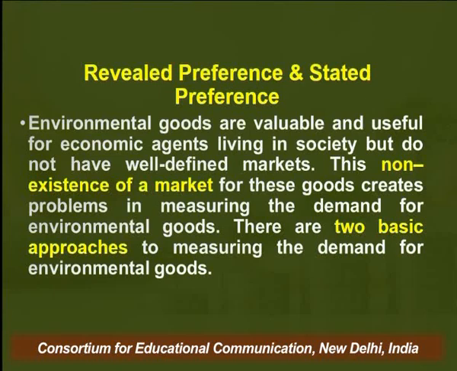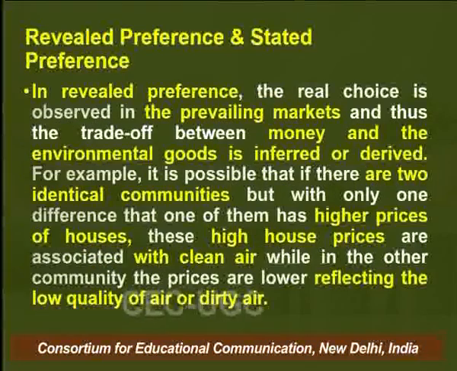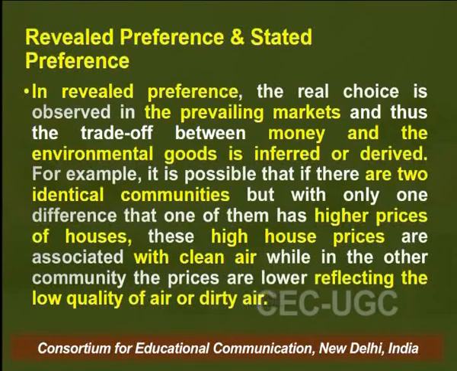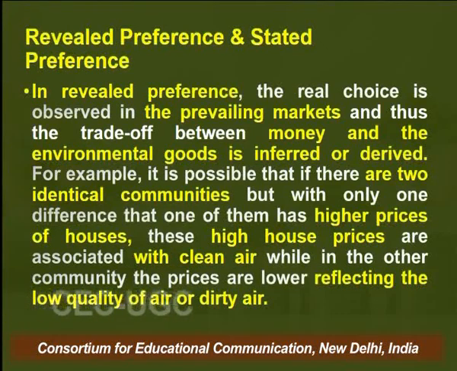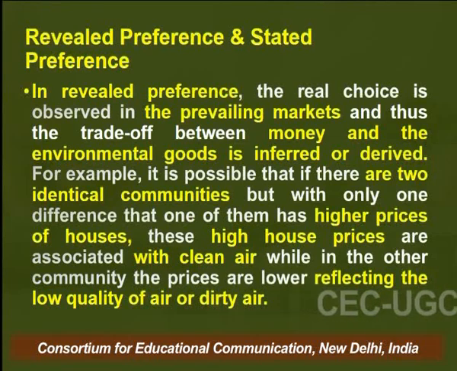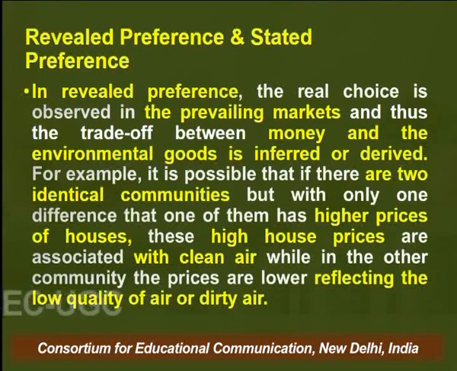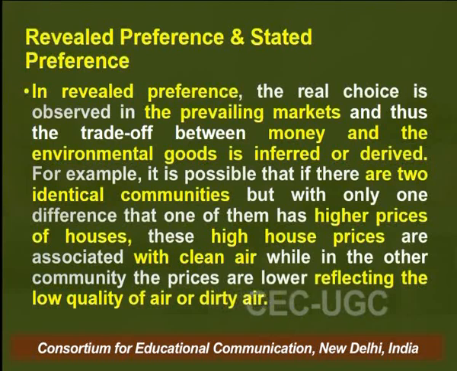There are two basic approaches to measuring the demand for environmental goods. The first approach is revealed preference. Under this approach, real choice is observed in the prevailing markets, where you decide the trade-off between money and the environmental goods, and that is the inferred demand.